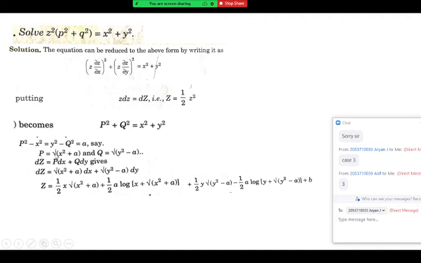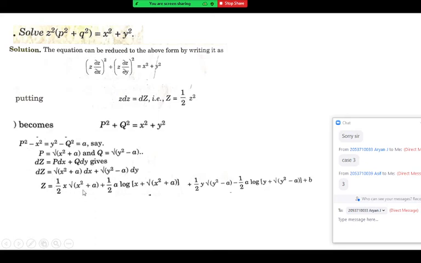So the value of P becomes root of x square plus a, and the value of Q becomes root of y square minus a. We substitute all these values in the equation dZ is equal to P dx plus Q dy and integrate.